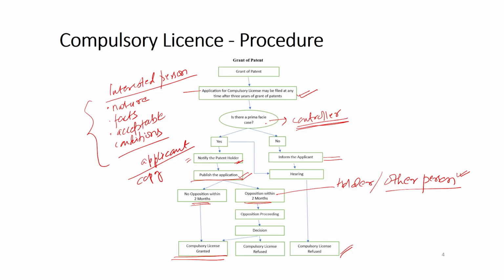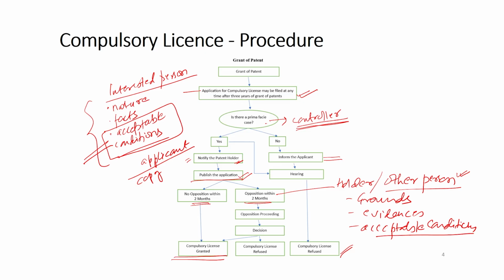So therefore, in case after publication within 2 months somebody is opposing, when somebody is opposing, he has to give grounds for opposition, he has to give evidences in support of his opposition, or if he thinks that the conditions mentioned by the applicant are not acceptable, then he has to give his acceptable conditions.